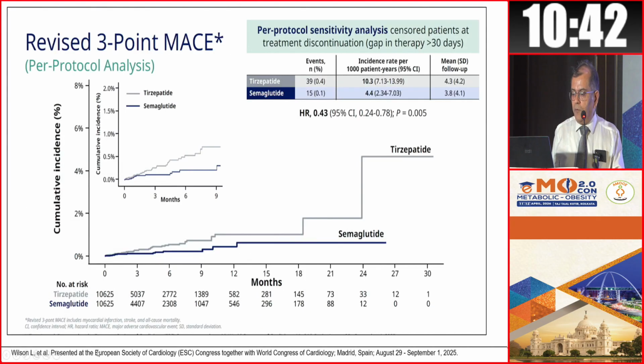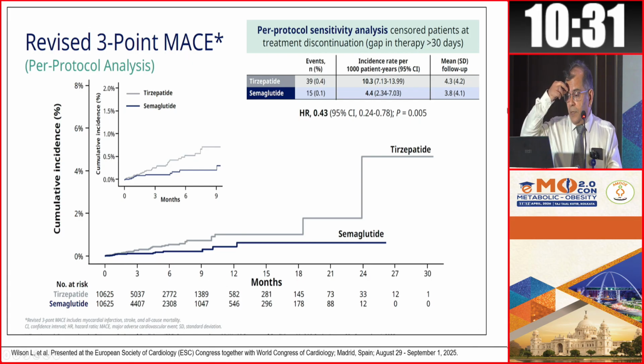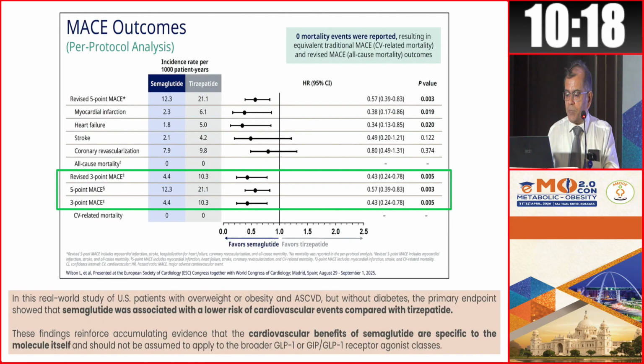Now, what did we find out? So far as the revised 3-point MACE is concerned, so what is this revised 3-point MACE? I'm going to talk in a minute, but what you can see is that semaglutide definitely showed a significantly better 3-point MACE compared to tirzepatide.